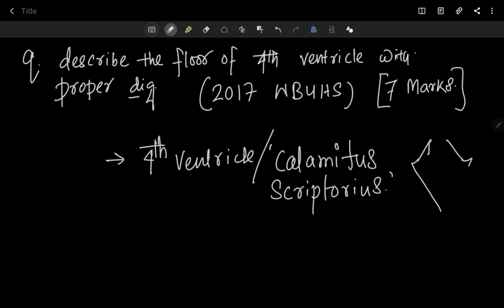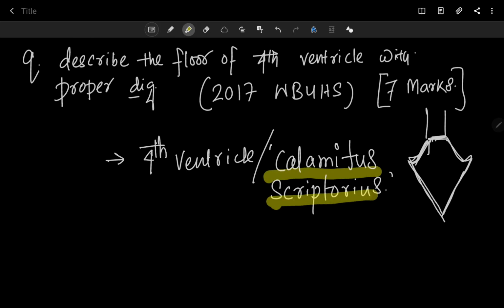The nib of a fountain pen looks like this. Your fourth ventricle of the brain also looks like the nib of a fountain pen. That's why it is also called the calamus scriptorius.